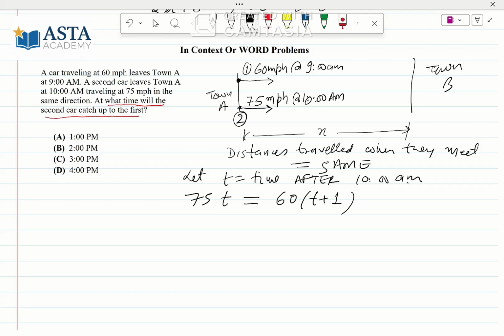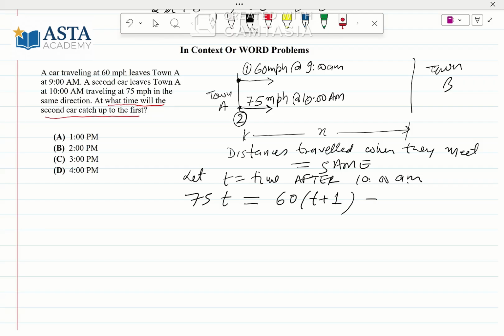If your times are starting at 9 a.m., then it will be t and t minus 1. You can solve it easily. So now you have formulated this word problem into a simple linear equation in a single variable. Once you have done that, it's a piece of cake. You can easily solve it.